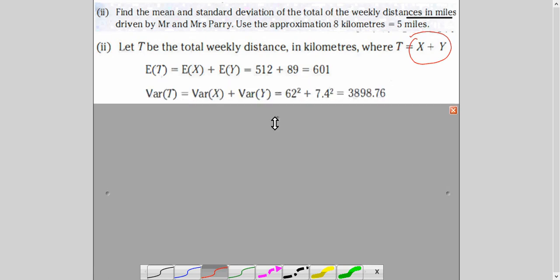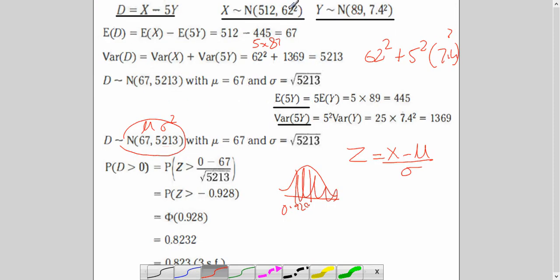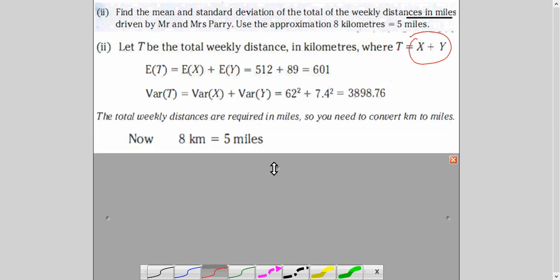Similarly, we will calculate the variance of x plus y, which we are calling t. So variance of t will be variance of x plus variance of y. We already have this distribution. Just add it up. So you got this also. So you have a new distribution for t. Okay. So for t, the distribution is, if you write here, 601, comma, this number. Okay. So you have gotten this.